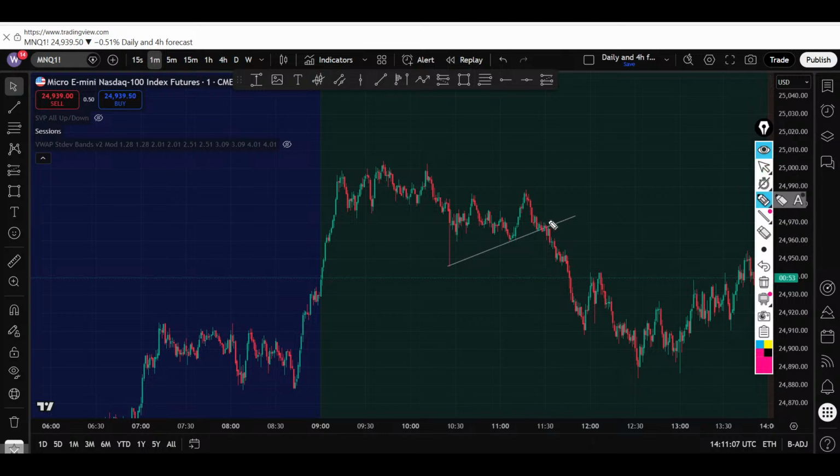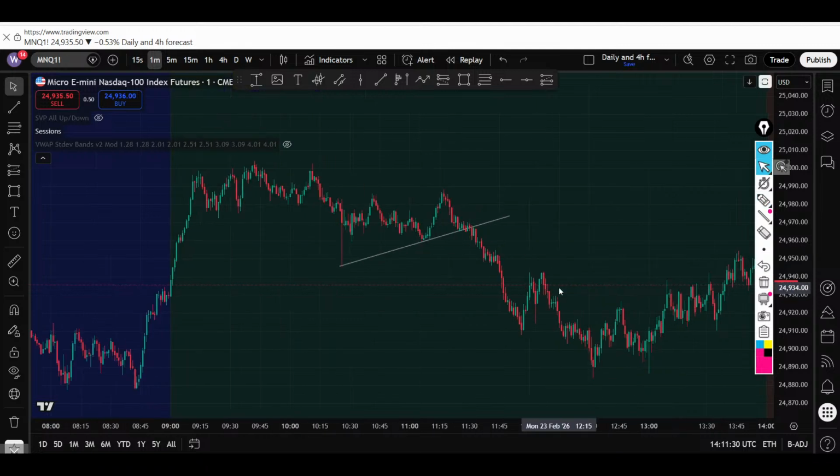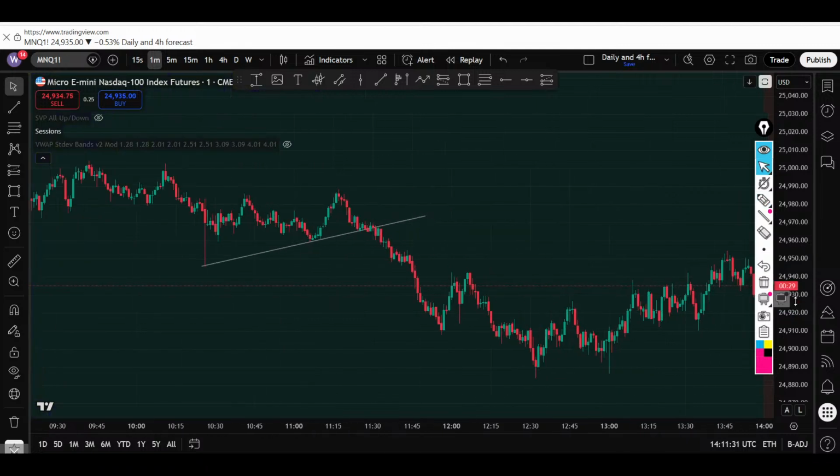You see here there is a small wiggle here, and that's enough for me. Once it closes below this trend line, I'm entering and putting the stop above. You see there?